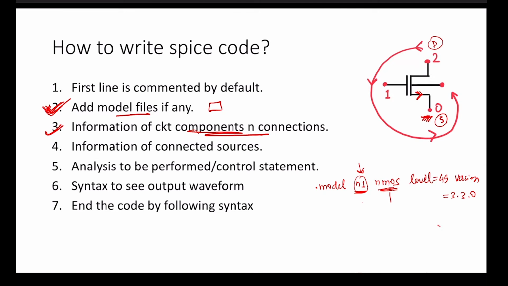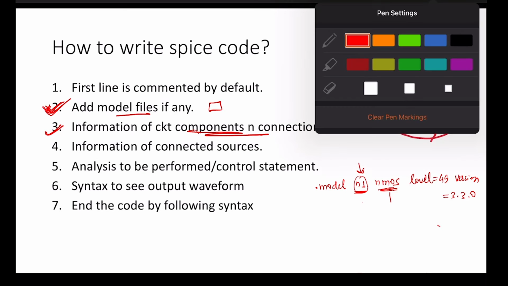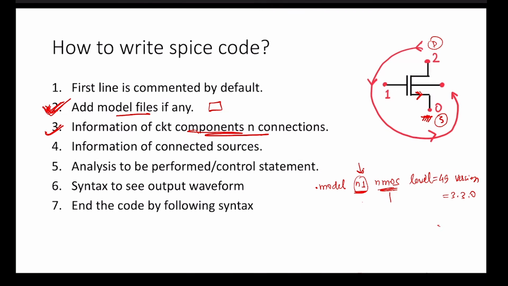Because it's a symmetric device, depending upon the input provided, the source and drain come out. So if I have made it ground, it will become the source. This is the drain. This is the gate in any way, and this is the body. So MOS is a four-terminal device, right? Generally, sometimes we miss the body, but when we are writing Spice code, we need to specify where the body is connected.